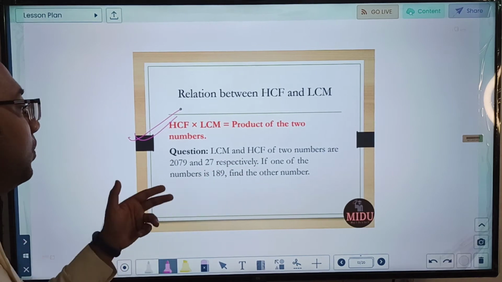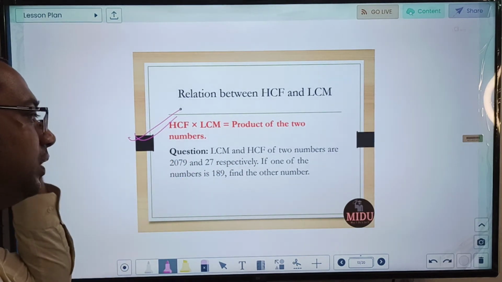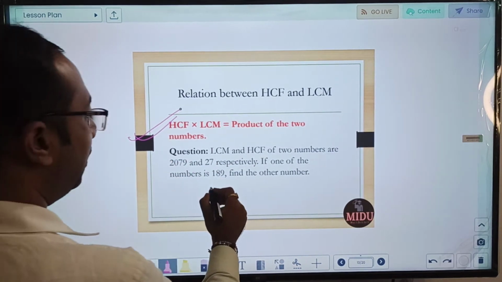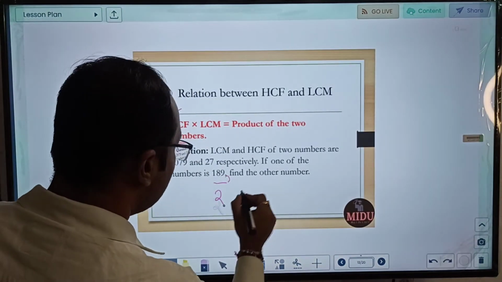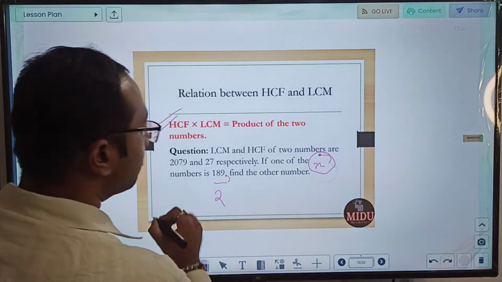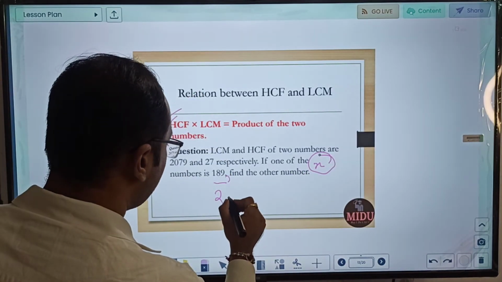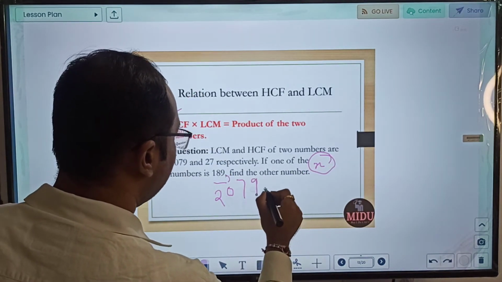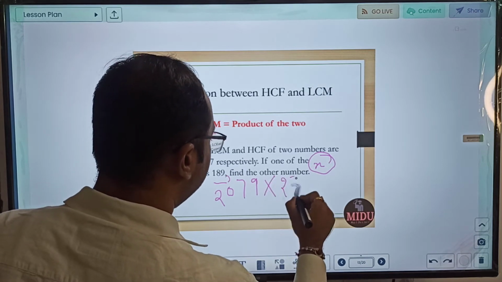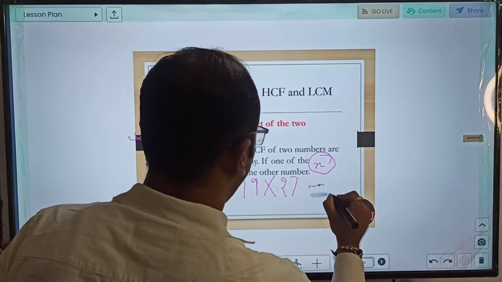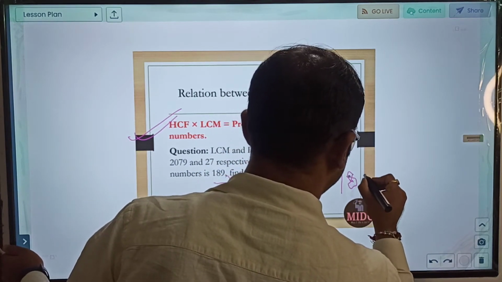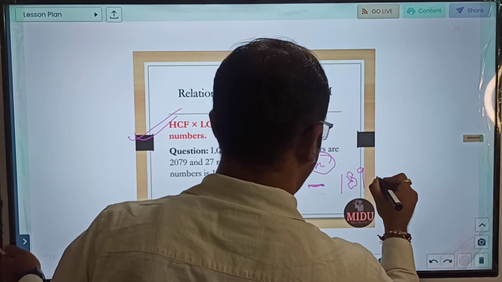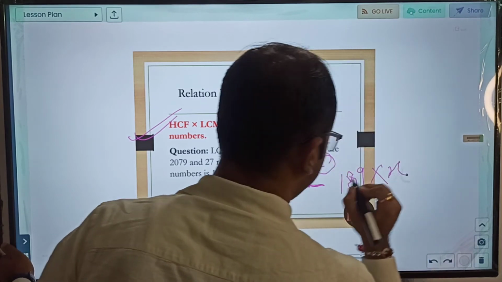The LCM and HCF of two numbers are 2079 and 27. If one of the numbers is 189, so one number is given, we need to get the other number. So just let us use this relation. Let the other number be x. What was the property? 2079 multiplied by 27 will be equal to the product of the two numbers. One number is 189 and another number is basically x.